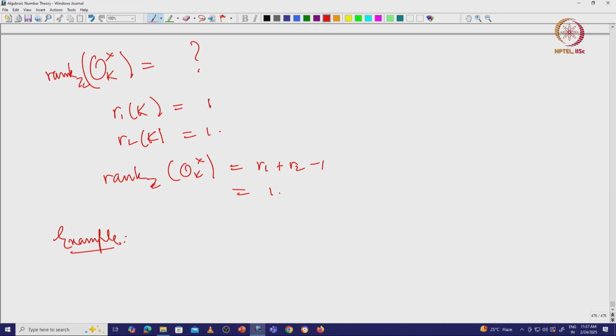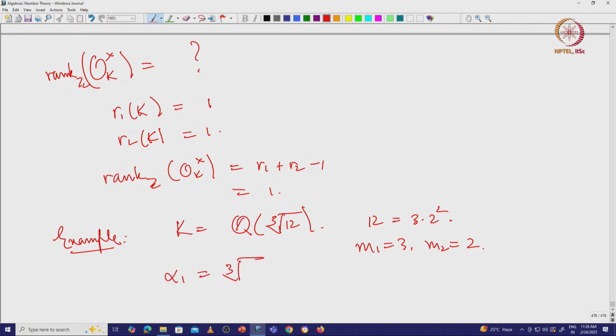So, you take k to be cube root of 12, right. So, you can write 12 as 3 times 2 square. So, m1 is 3, m2 is 2, right. So, alpha 1 is cube root of 12 and alpha 2 is cube root of 3 square times 2, which is 18.